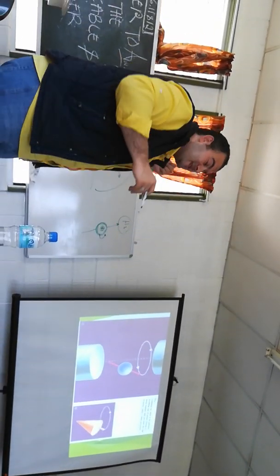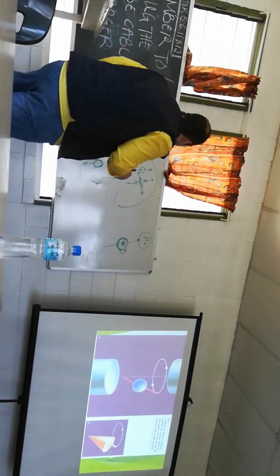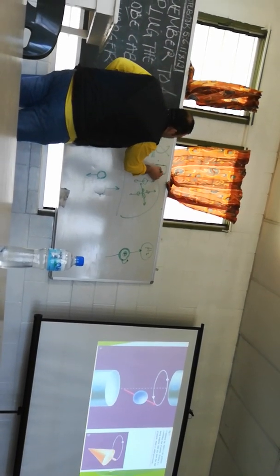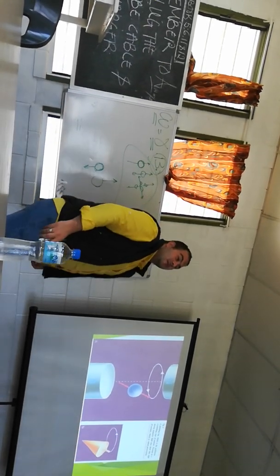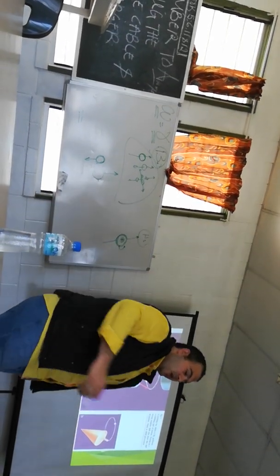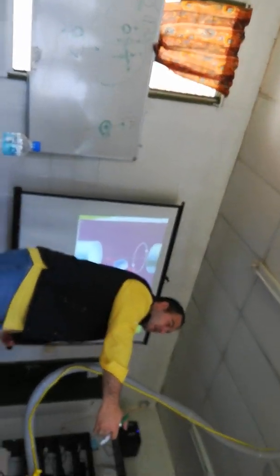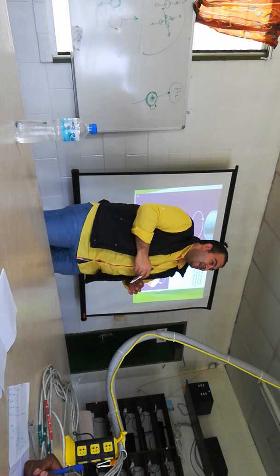Each one has a specific gyromagnetic ratio times B naught. What is B naught? B naught is the external magnetic field. Okay, so increasing B naught means the precession will be increased.